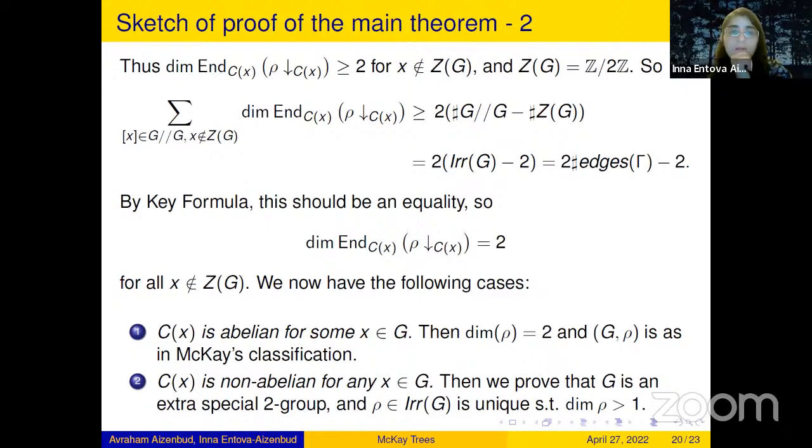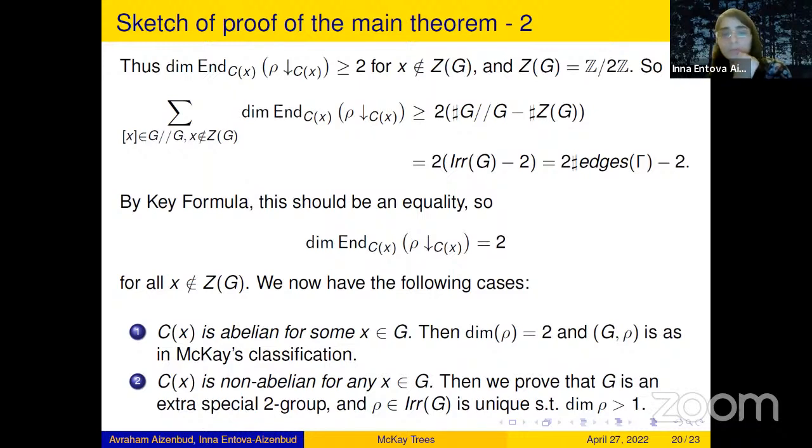So our key formula tells us that this inequality must be an equality, which means that whenever we consider this endomorphism space of the restriction, its dimension is always 2 whenever X is not central.